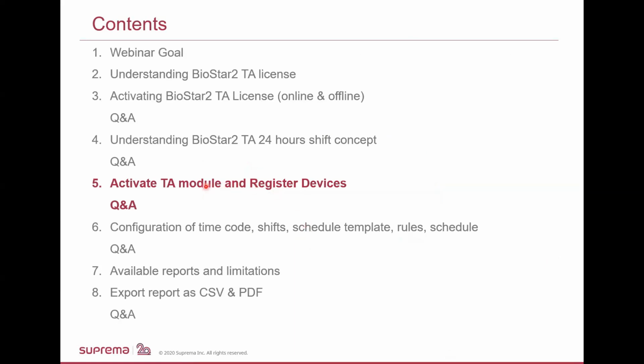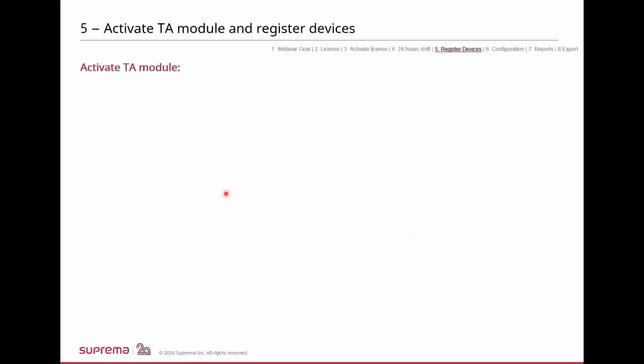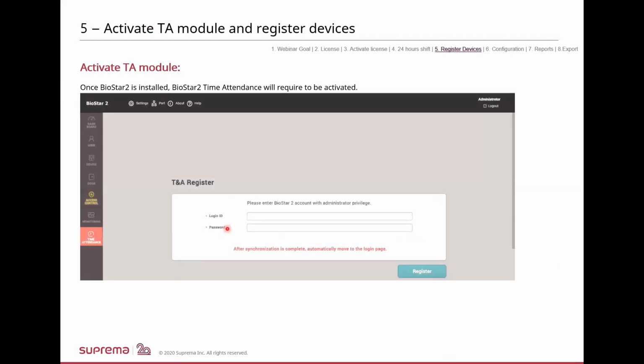So after we have activated the license and understood the basic concept of BioStar2 time attendance, which is a 24-hour shift, we need to activate the time attendance module and register the devices. These two topics I'm going to discuss now. Once BioStar2 is installed, BioStar2 time attendance will need to be activated.